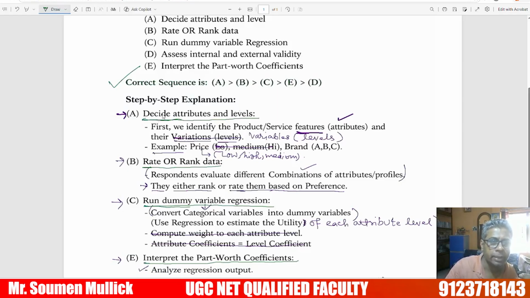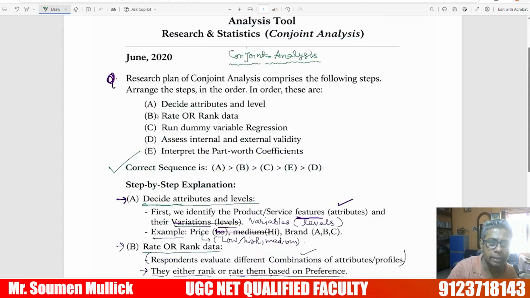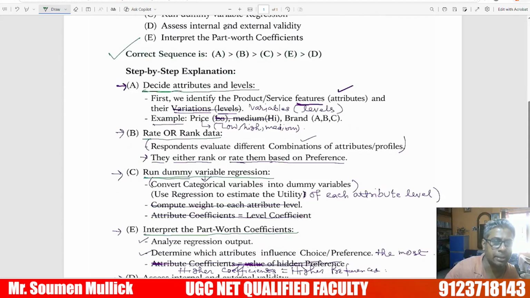First one, in the case of conjoint analysis, the first step should be to decide the attributes and levels. First, identify product and service features or attributes and their variables. Variables means levels. For example, price can be low, high, or medium.